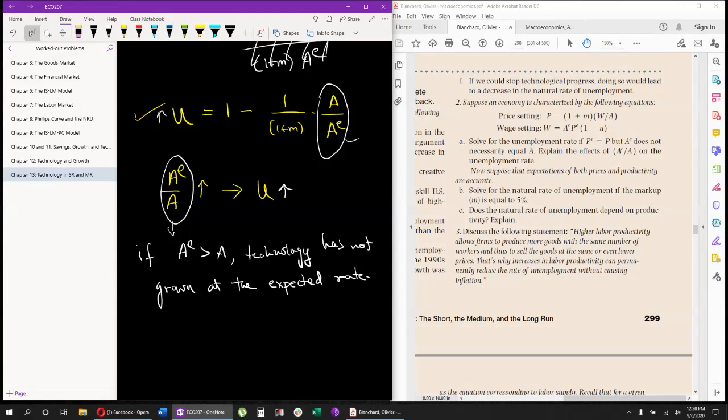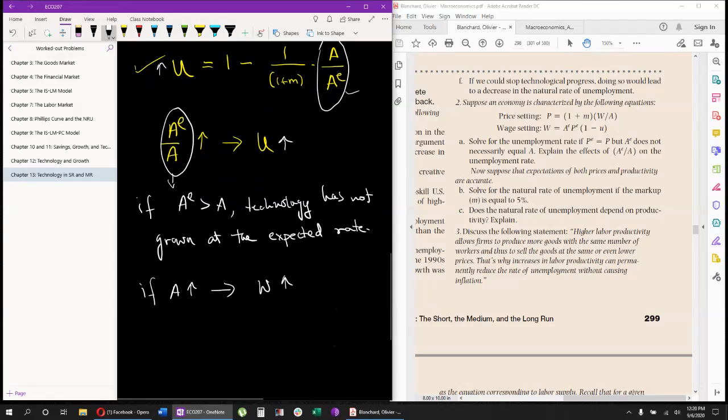If technology is worse than our expectation, remember what will happen. If you expect technology to grow, you negotiate with your employer, and you increase your wage. If technology is expected to grow, wages go up.